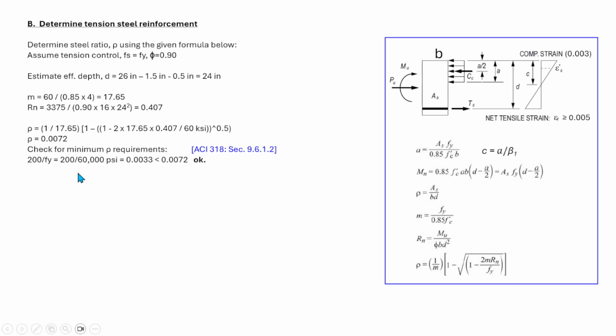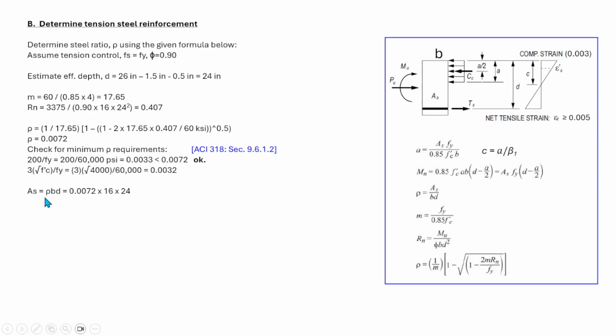And there is another provision, which is 3 times the square root of f'c over Fy, that is 3 times the square root of the concrete strength, which is 4,000, over 60,000 for the yield strength, equal to 0.0032. So we are above the minimum requirements.